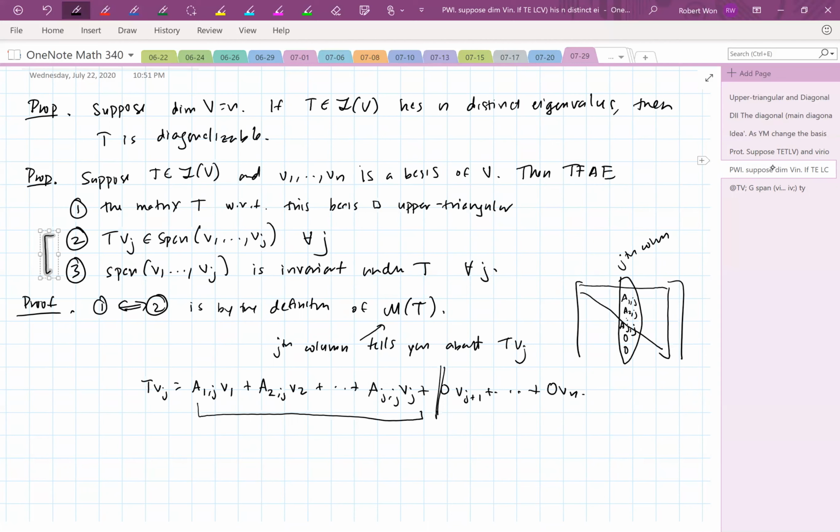It's saying that either each basis vector ends up in the span of all the previous ones, including itself, or it's saying that as you take these consecutive spans, you always get invariant subspaces of T.